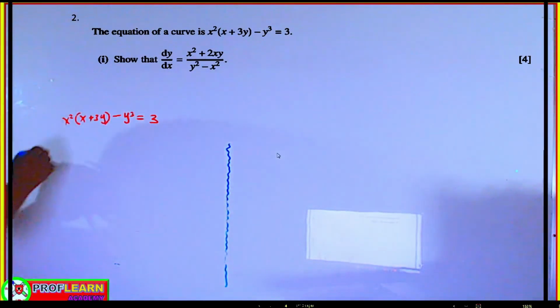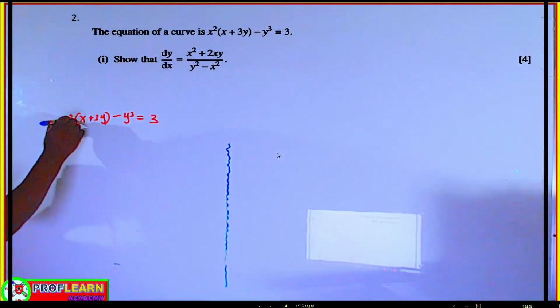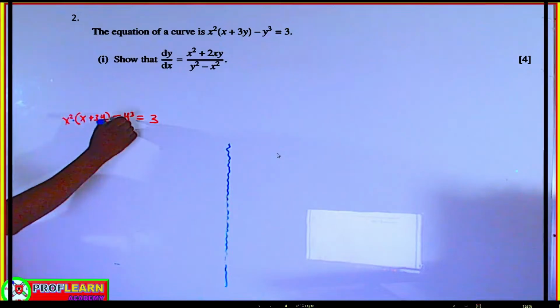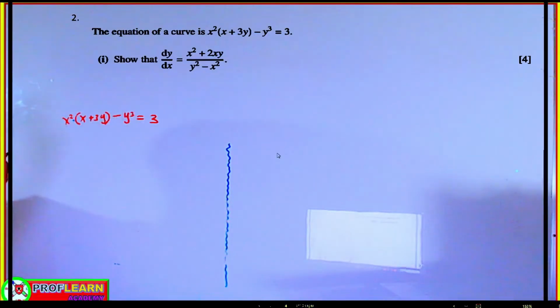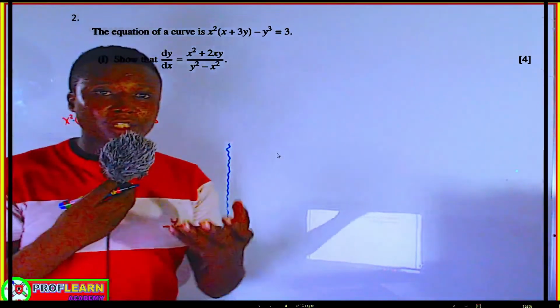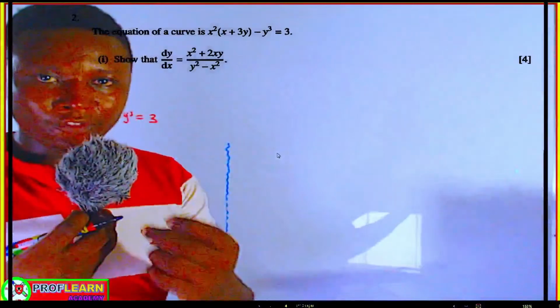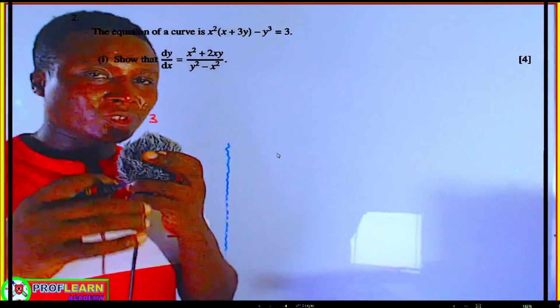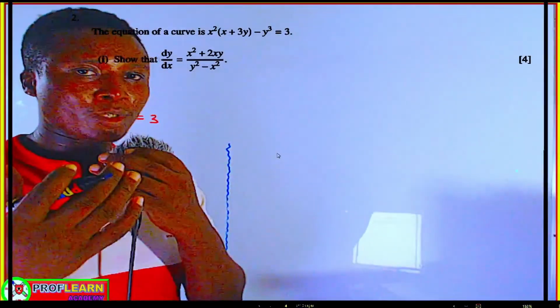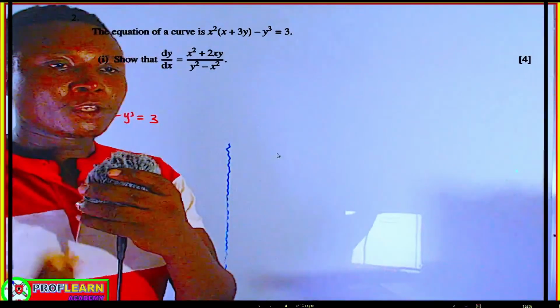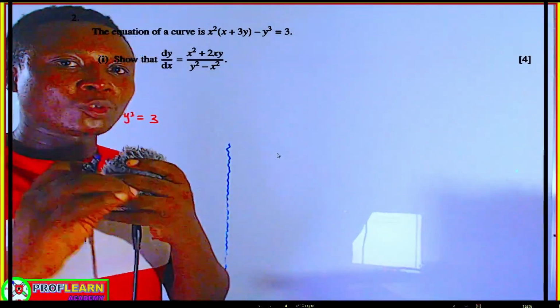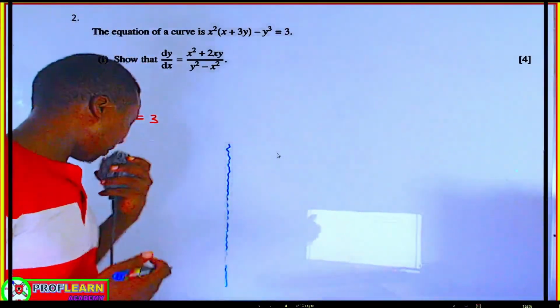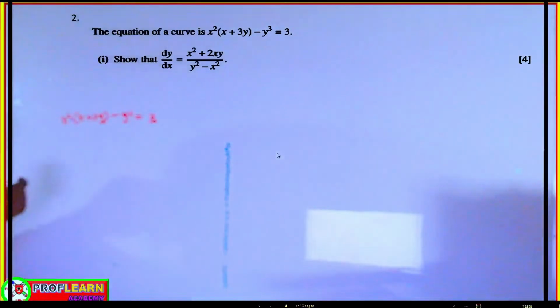Number one, you need to understand that you are going to use the product rule to differentiate this part. Anytime you are differentiating y, because y is a function of x, you differentiate it normally, but you write dy/dx after the expression you have obtained.